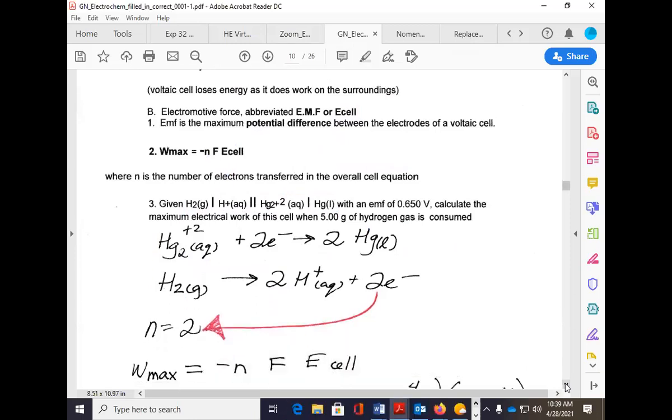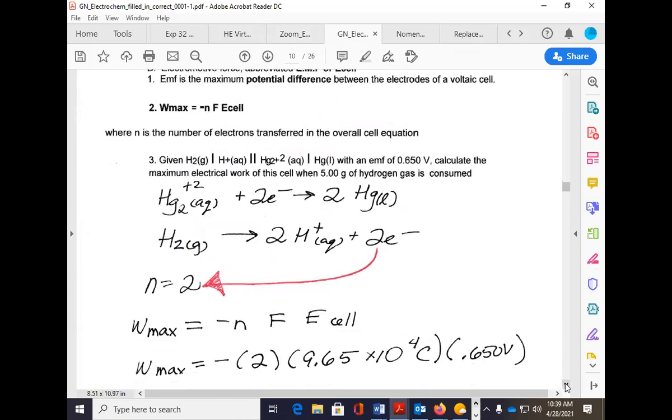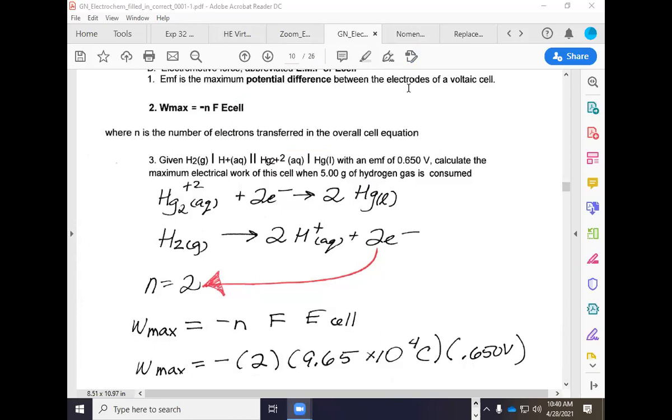Okay, so now we have our little equation that we're going to use. And we have everything we need because the problem itself had given us the volts. So we go back to the problem and we see that they gave us the electromotive force, they gave us the volts.